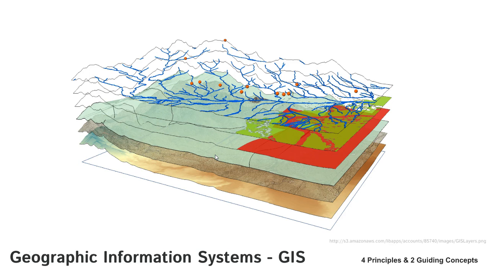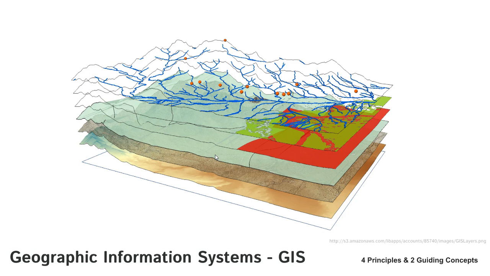And these are really things that we just want to keep in mind as we're starting to work in a GIS, because they're the benchmarks of the whole system. If we understand these concepts, it's going to help us understand what's happening as we're actually doing work within the GIS framework. So the first principle that I'm going to introduce here is called stacking or GIS layers.